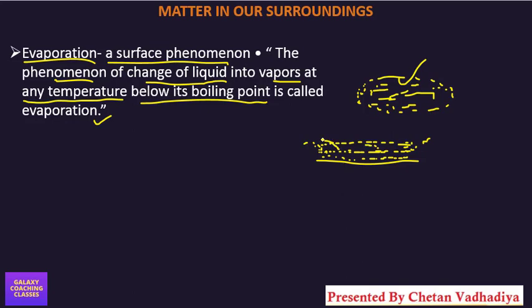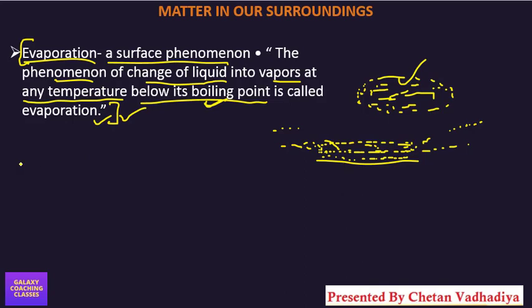And what happens, this will move away, and slowly all the particles will move away, and the water will be converted into small droplets, and you will see that no water is left at the end. So this process of particles moving away from each other without reaching the boiling point is known as evaporation, and you need to write this down as your definition.